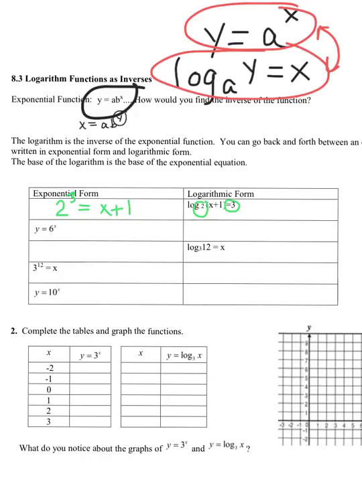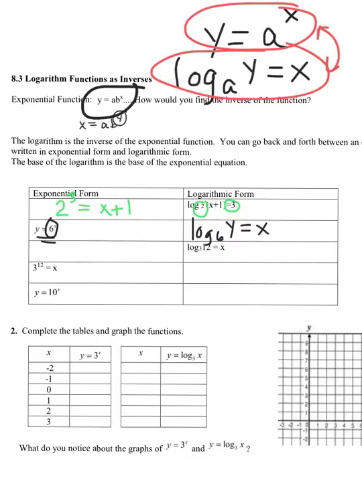Now the second one, I can take something in exponential form and write it in logarithmic form. So I write log. Now the log has a base 6 because the base of the exponent is 6. So I write a subscript 6. And then it's going to be y equals x, because the number or variable that's by itself on the opposite side is the exponent.